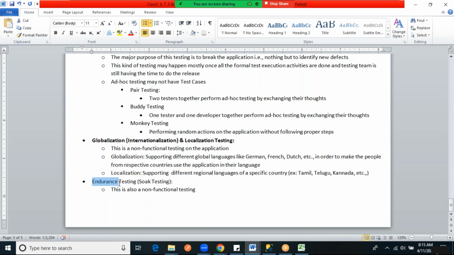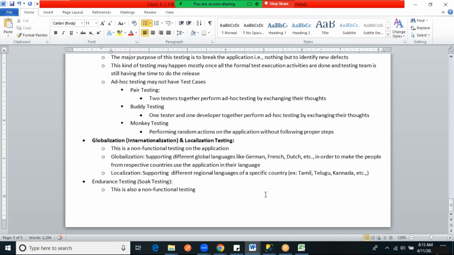Okay, sorry. So endurance testing or soak testing is also a non-functional testing, which is mainly about performance. We have seen performance testing when too many people are accessing, or when a huge amount of data is getting transferred. So in different cases we have tested the performance, right?